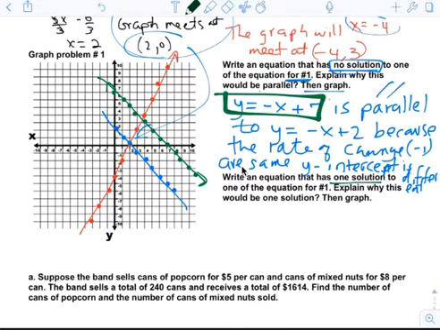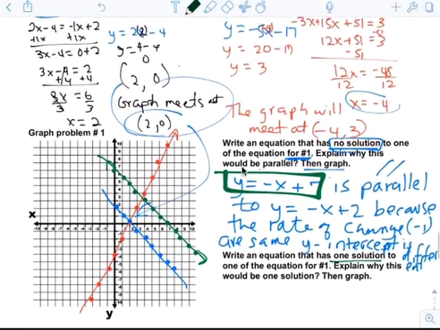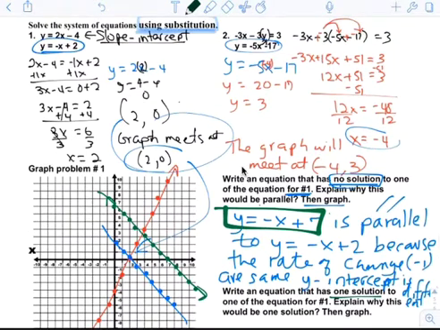Write an equation that has one solution to the problem. Explain why it's one solution, then graph. Okay. One solution to, let's say this one.